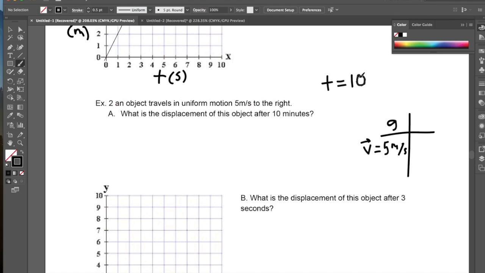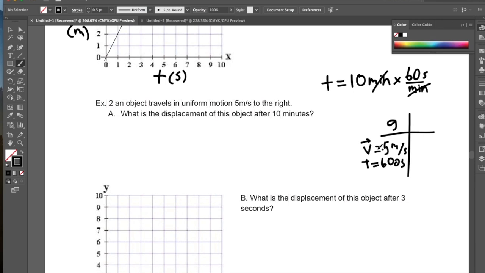Let's do a quick unit conversion. It's 10 minutes times 60 seconds per minute. Cancel out minutes and minutes. So 10 times 60. We know the time is 600 seconds.